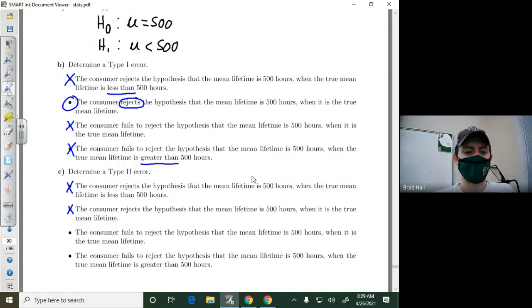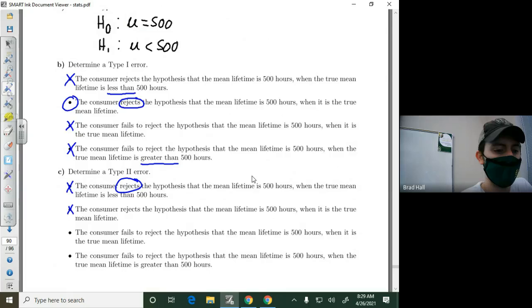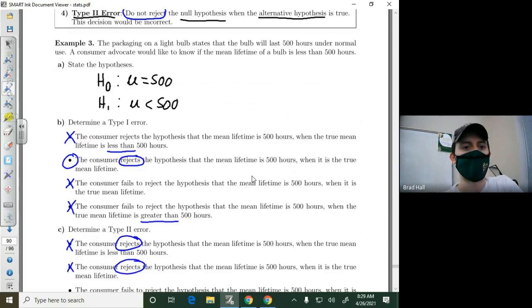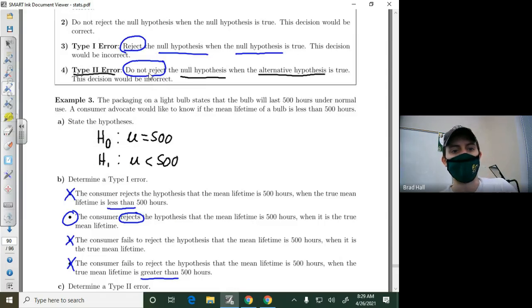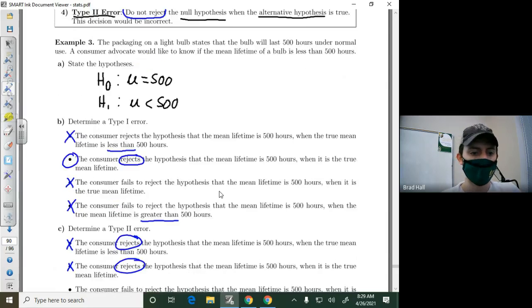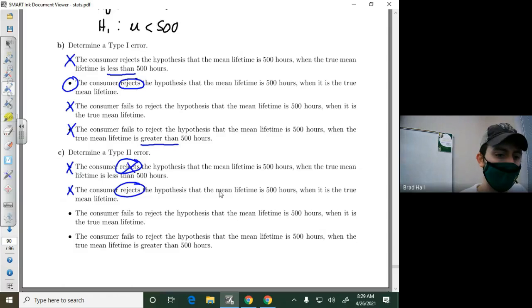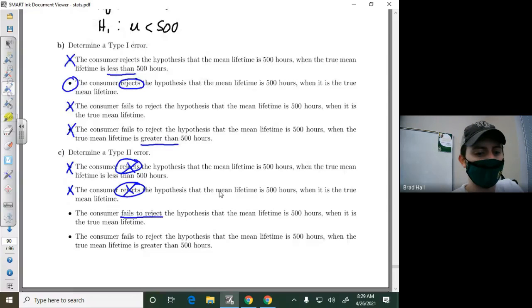We can instantly get rid of the first two because they both say reject. But for a type 2 error, our phrasing is do not reject or failed to reject. So we need to utilize this phrasing, fails to reject.